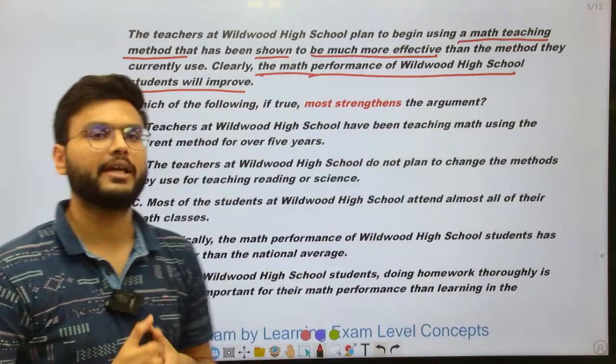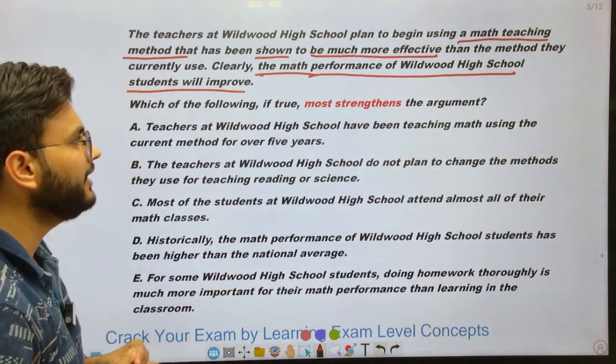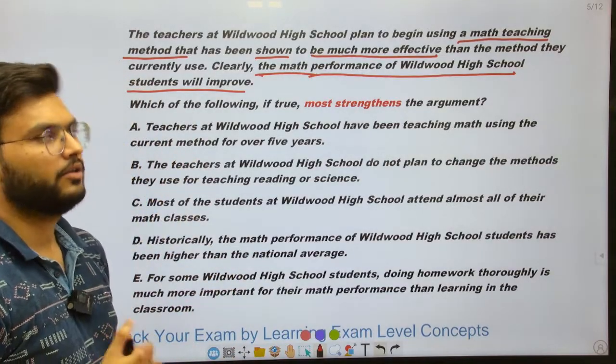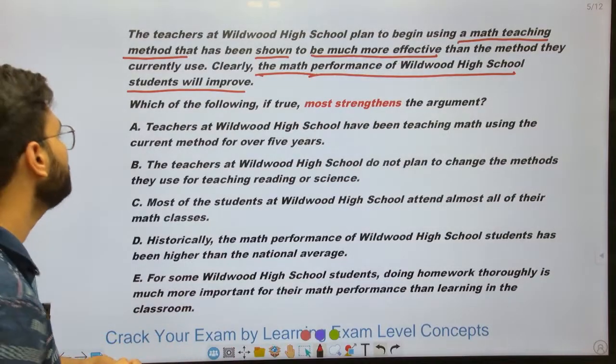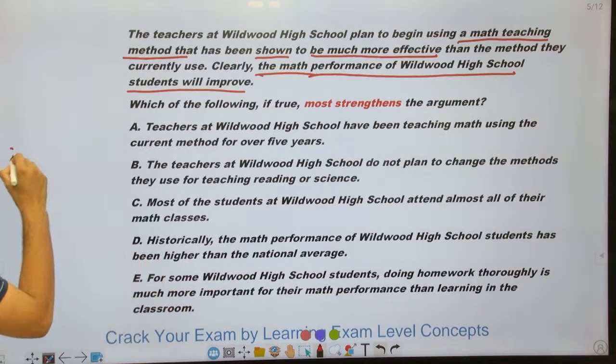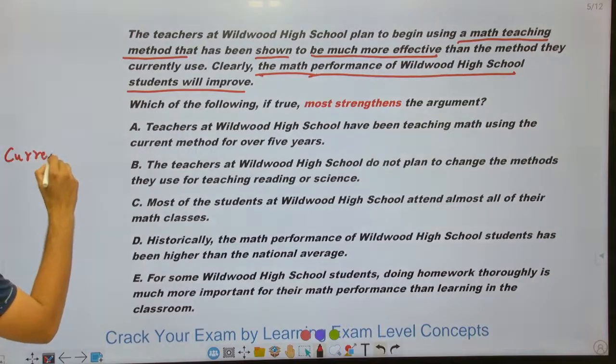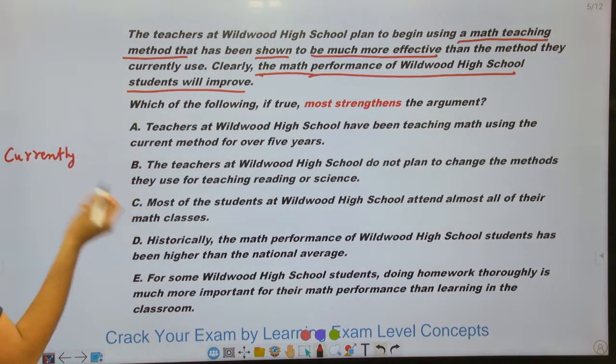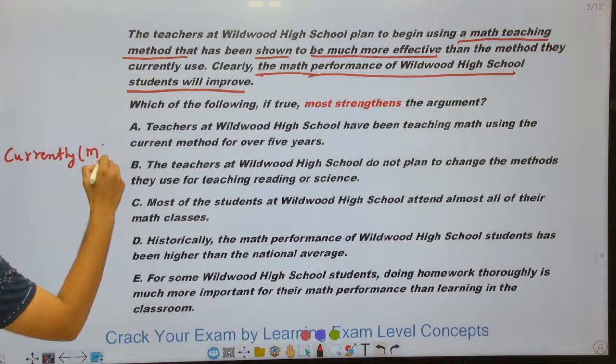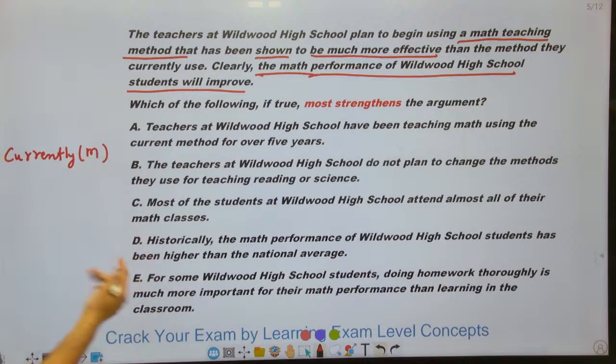Now there is a comparison. We have a comparison between methods. What are the methods? There is a method which they use currently, and this is the currently used method, and now they have a new method.